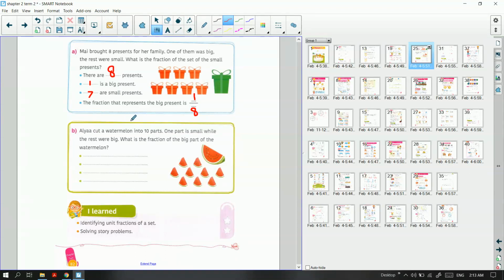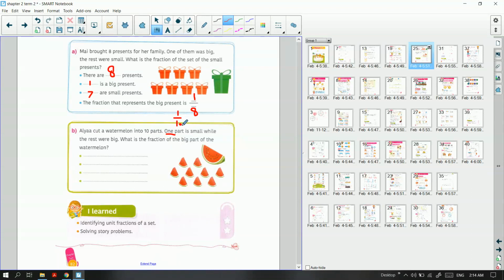Alia cut a watermelon into 10 parts. One part is small, so 1 over 10. While the rest were big. What is the fraction of the big part of the watermelon?